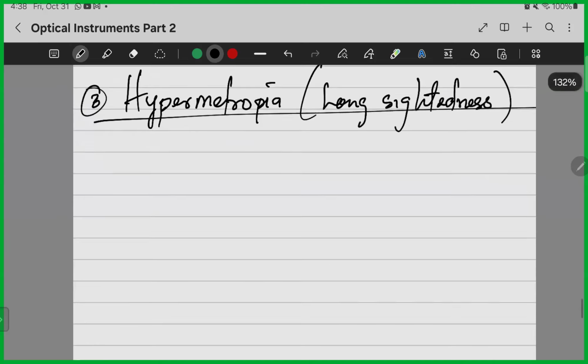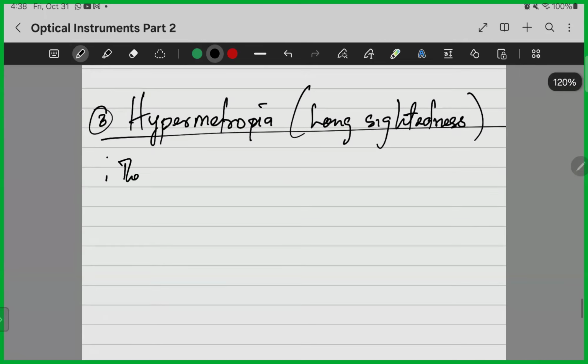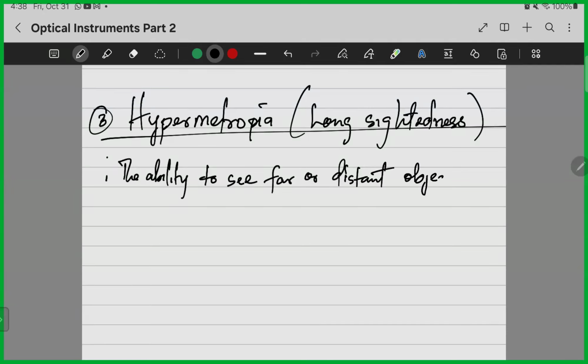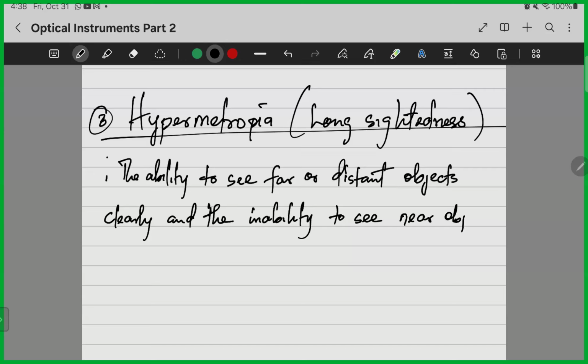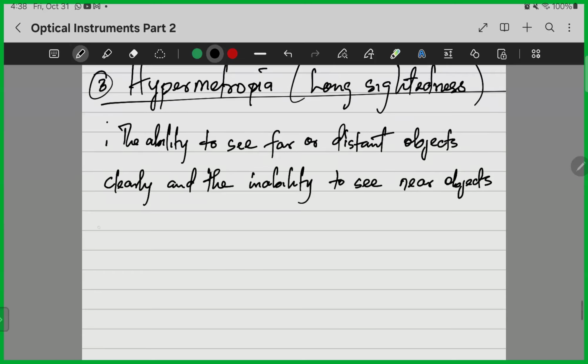And this has to do with the ability to see far or distant objects clearly, and the inability to see near objects clearly.